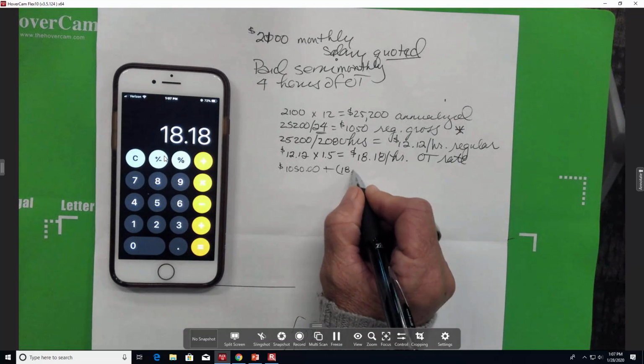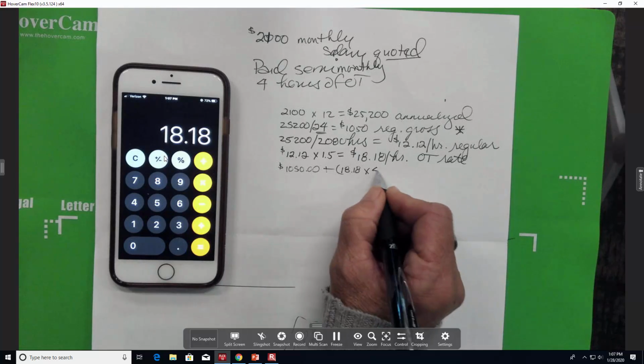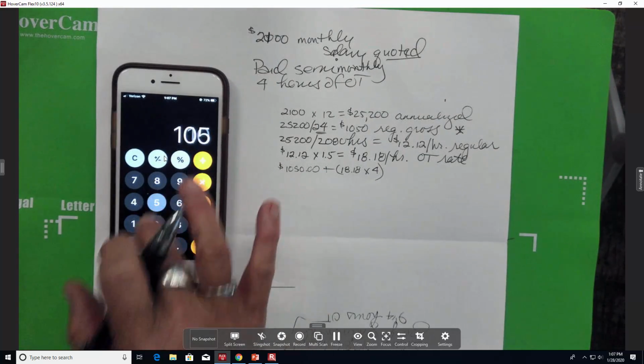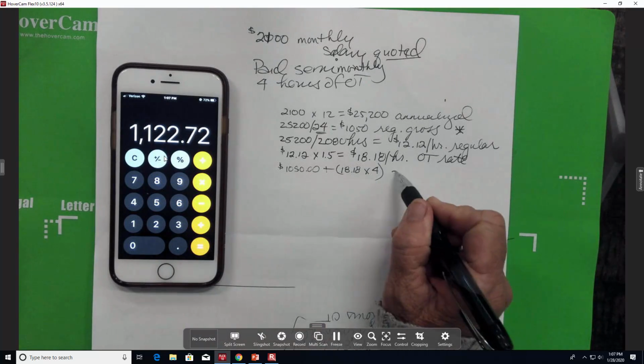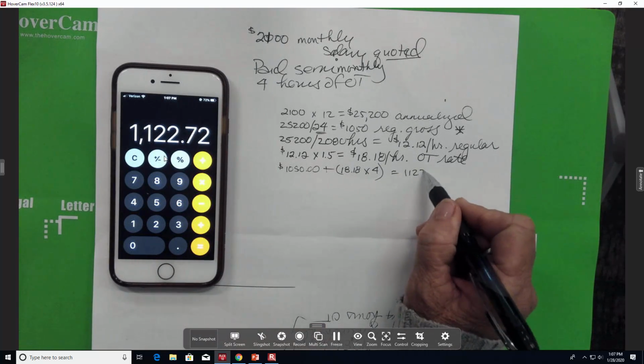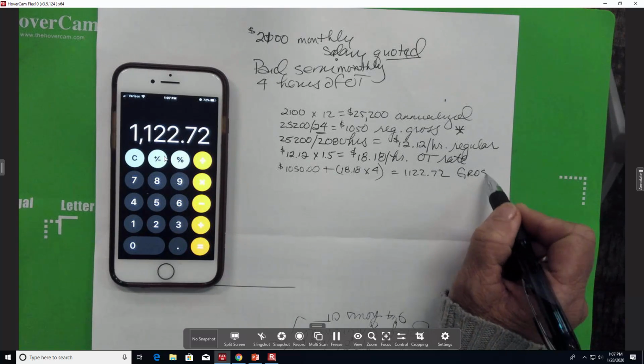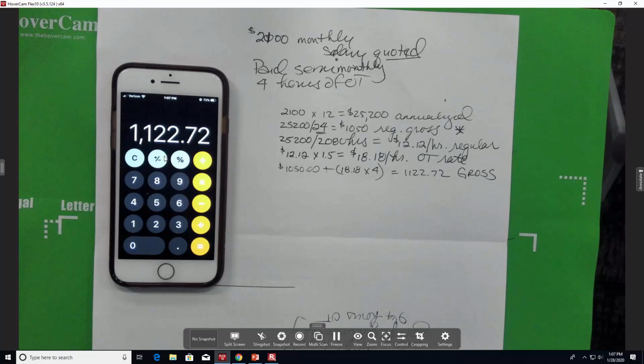Yeah, $18.18 times 4 hours of overtime. That's known as her gross pay. And now if I was running her paycheck, what would I do? I've got to take all the withholdings out and all the deductions, and then I cut her a net check. Good. This whole chapter is just on that top number.